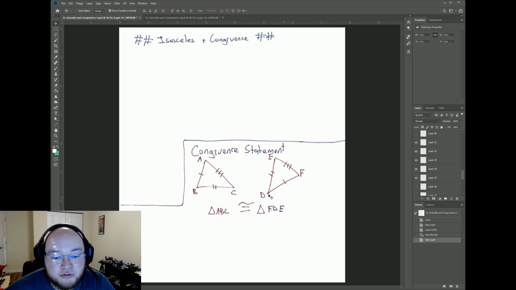So when you're doing a congruent statement, you're really just putting it in the right order and then trying to figure out what's true. So AB is congruent to DF, as we said. I mean, you can see that from the picture because of the tick marks. But like I said before, you should be able to tell that without the tick marks. And angle B, the middle one, is congruent to angle D, which is the middle one.